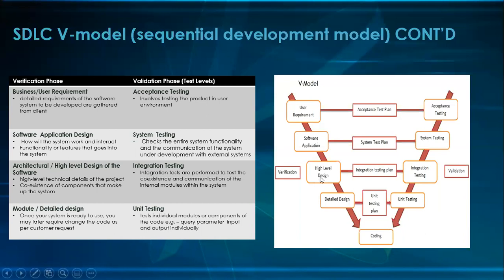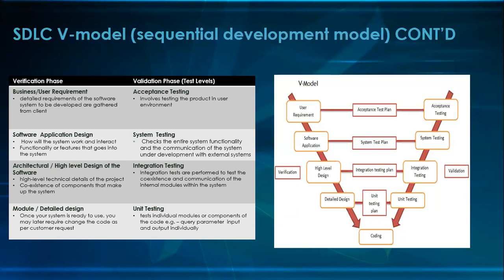Then the next thing is high-level design. What is the high-level design? We do an integration plan. Integration testing will follow up to check it. Then the next thing, we do a detailed design. The detailed design now involves unit testing.